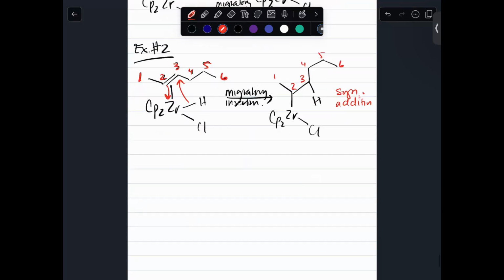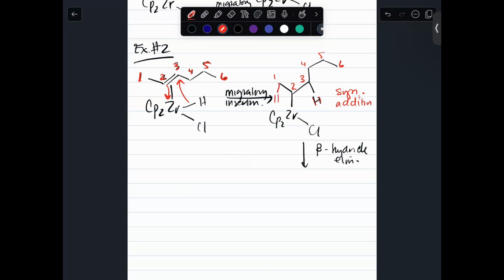And now it does a beta hydride elimination. Now, here's the thing. You can do the beta hydride elimination with the hydrogen at carbon 3, but you would just get back to your starting material.